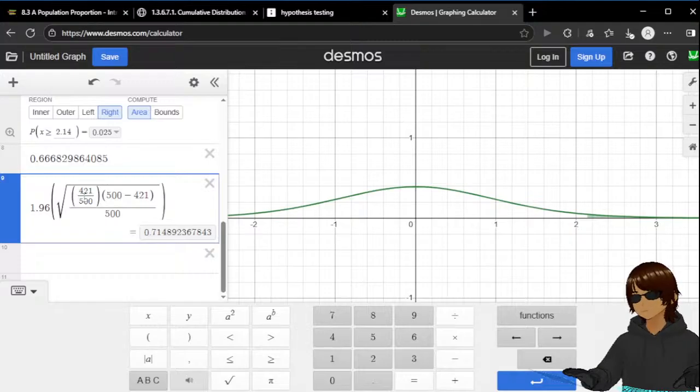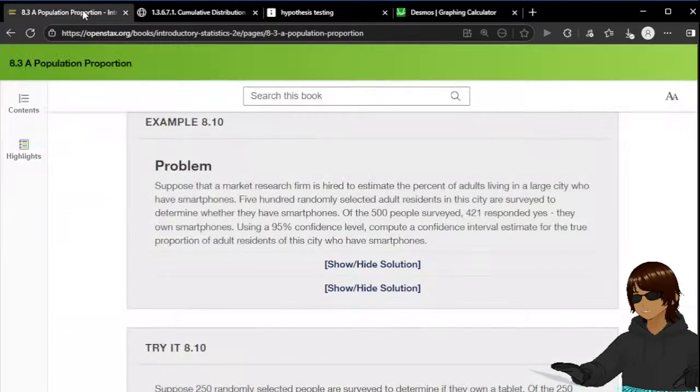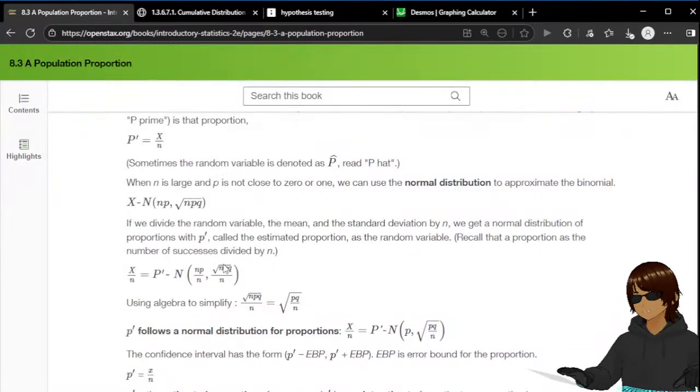But if I multiply that with 500, I will get 421 back. So it's 421 plus and minus. Is that right?